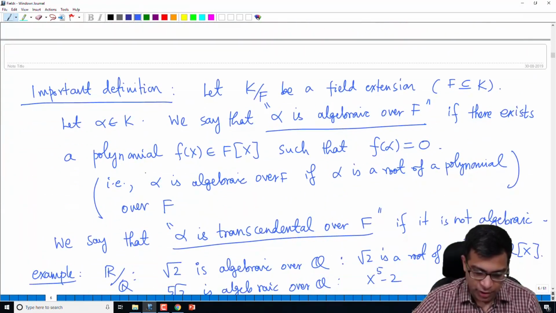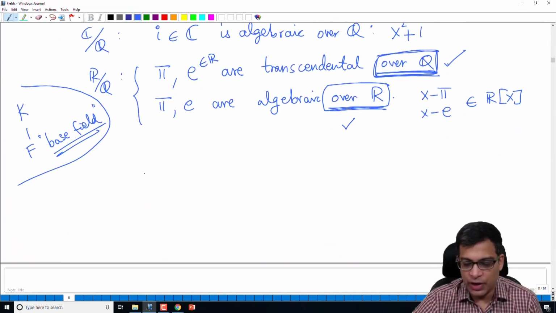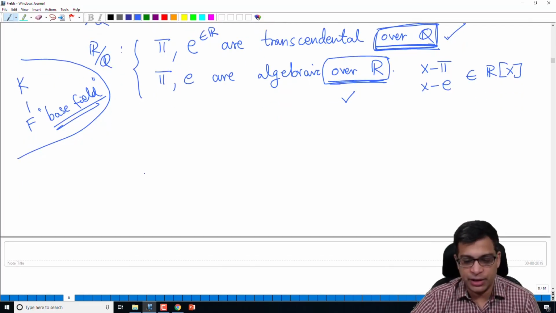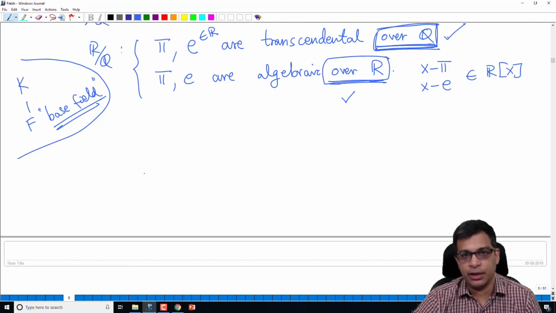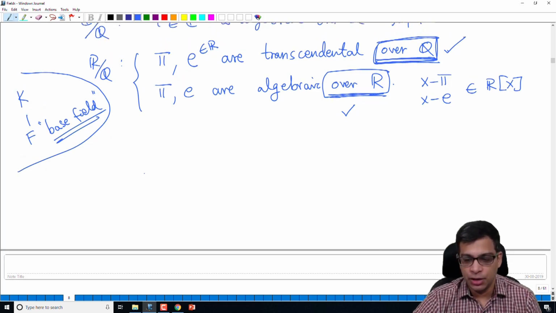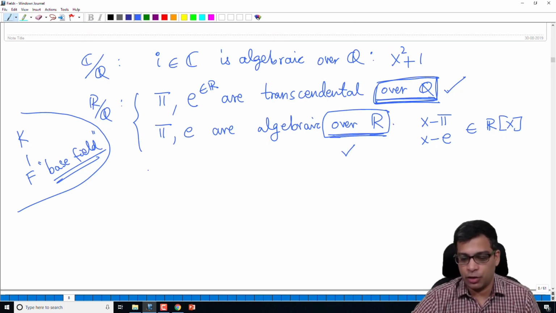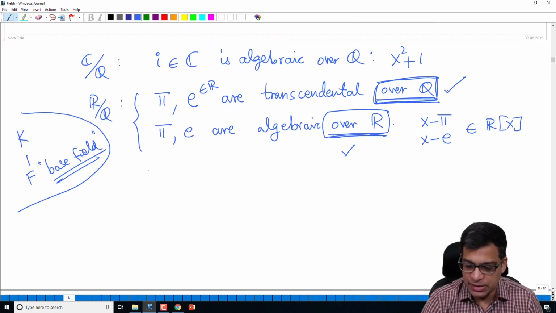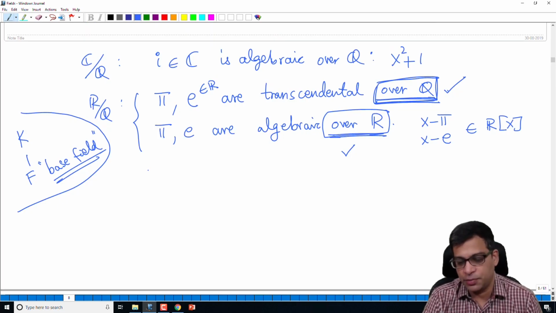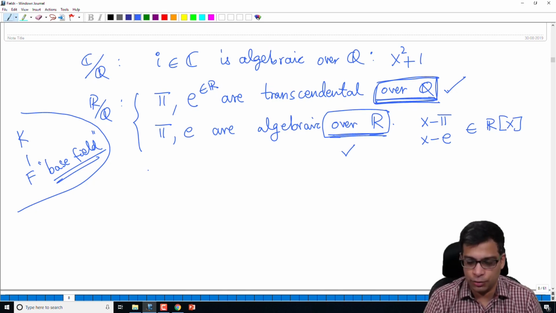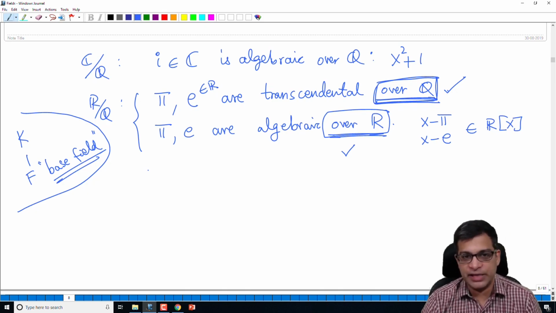We ended with an important definition of the notion of algebraic and transcendental elements. And let me emphasize again, everything depends on the base field, because whether an element is algebraic or not depends on the base field. Pi is algebraic over R, but it's not algebraic over Q, it is transcendental over Q. So you have to keep stressing the base field always.